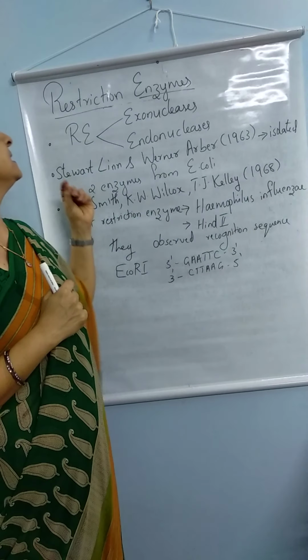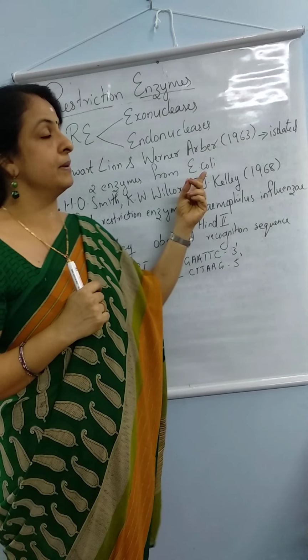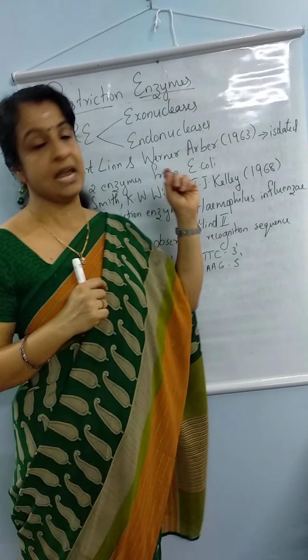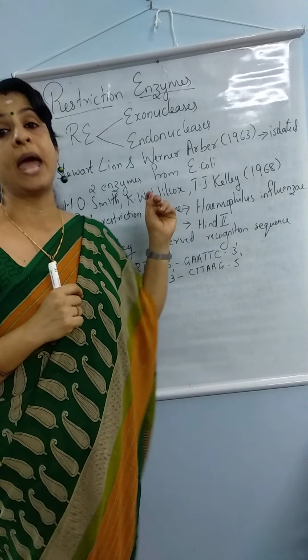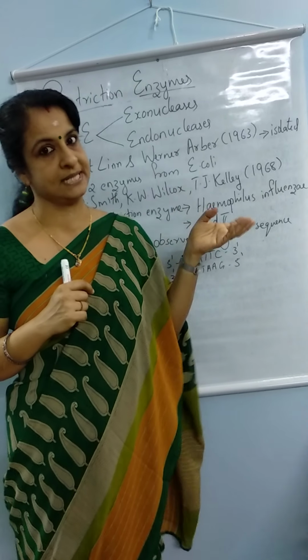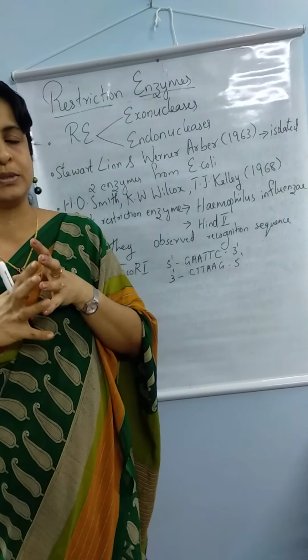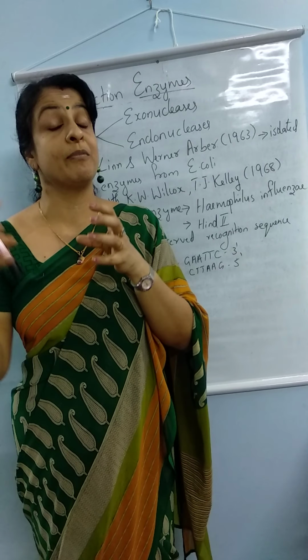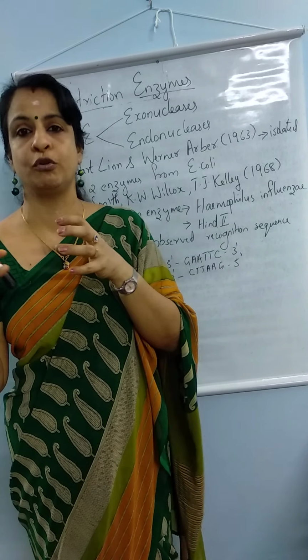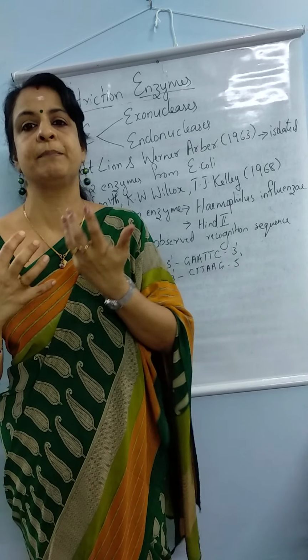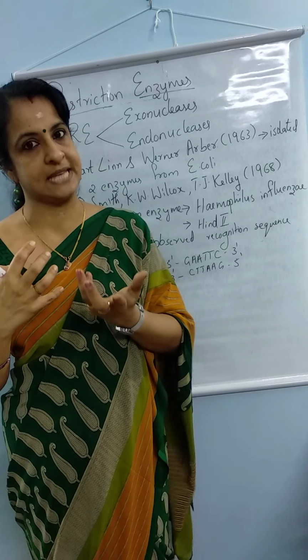Now, Stewart Linn and Werner Arber in the year 1963 isolated two enzymes from E. coli bacteria. When E. coli was infected with or attacked by bacteriophages, it produced two types of enzymes.